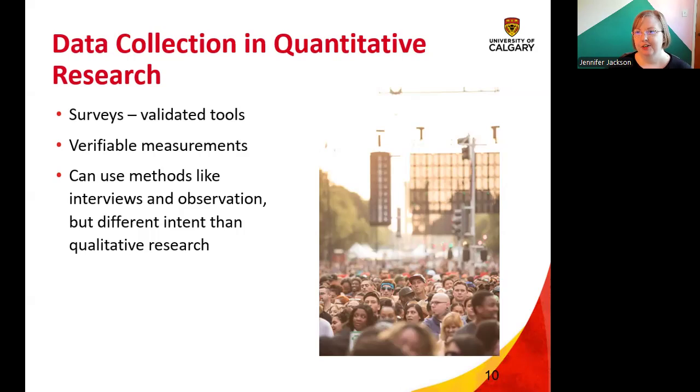With any kind of research, the data collection tool is not a determinant of what kind of study you have. So like participant observation is a mainstay of a qualitative method called ethnography. You can also use observation in quantitative research, but the intent is different.